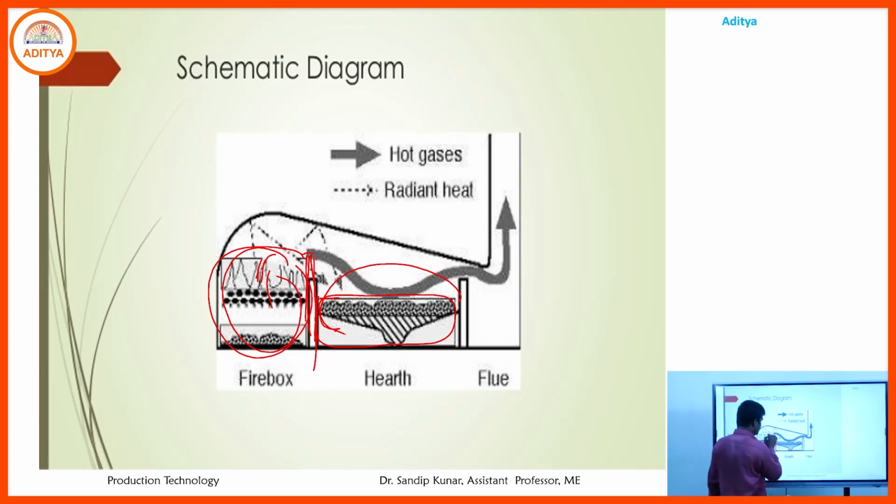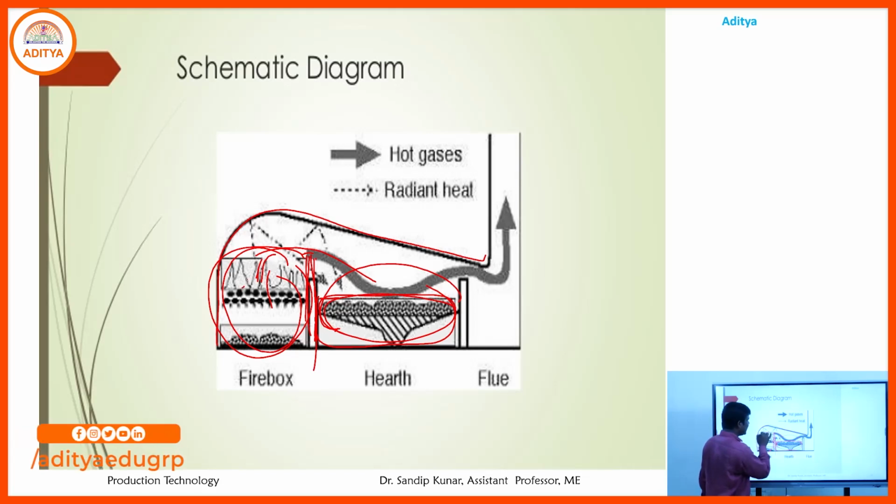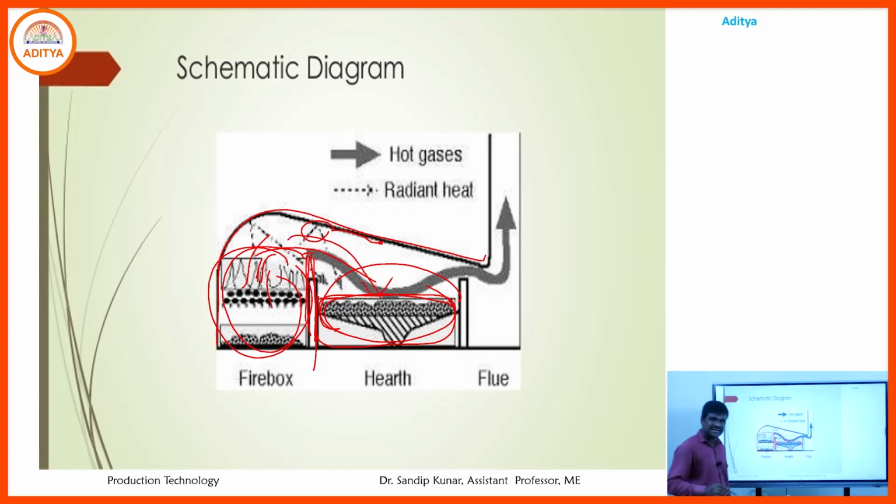When the flue gas flows, that shape takes place. Why are we taking that shape? When flue gases are produced, they easily come to that metal scrap. The flue gases meet some obstacles in that position, and due to the obstacles they come down to the metal scrap, flow over it, and then go through the chimney.